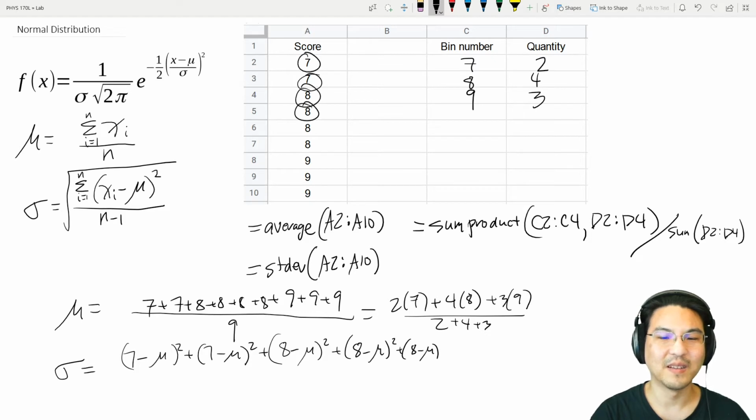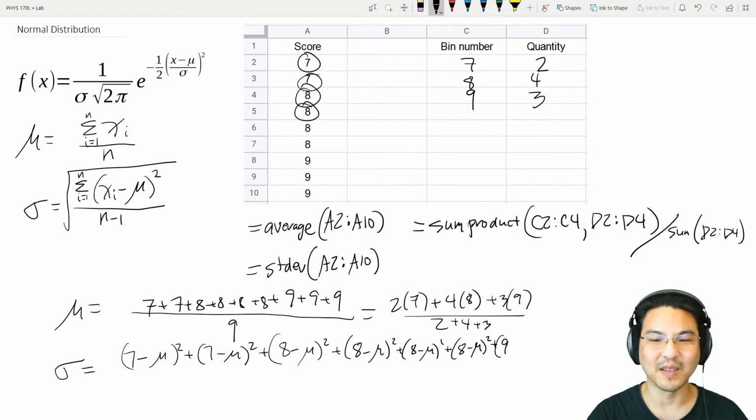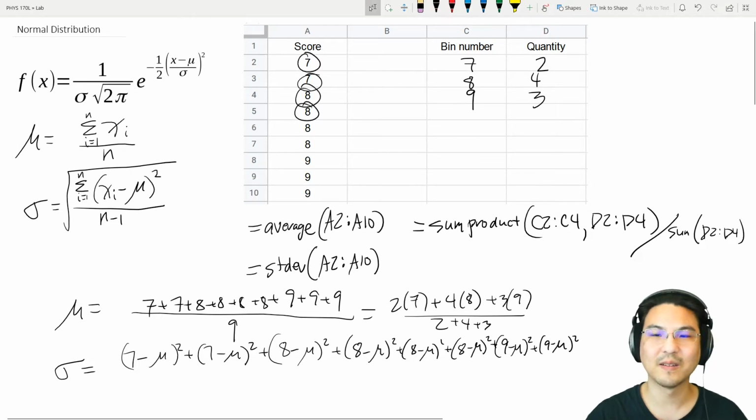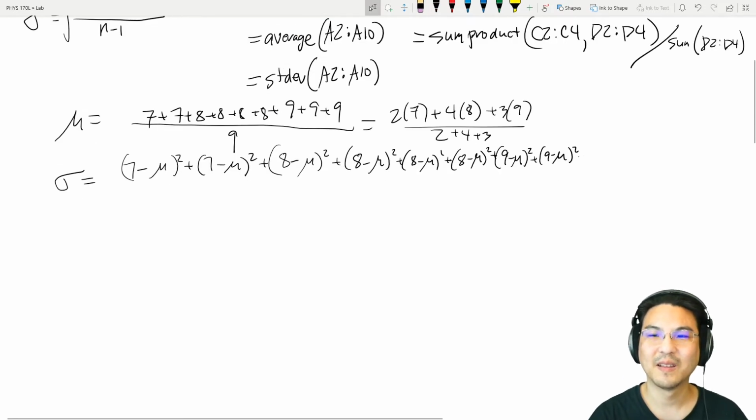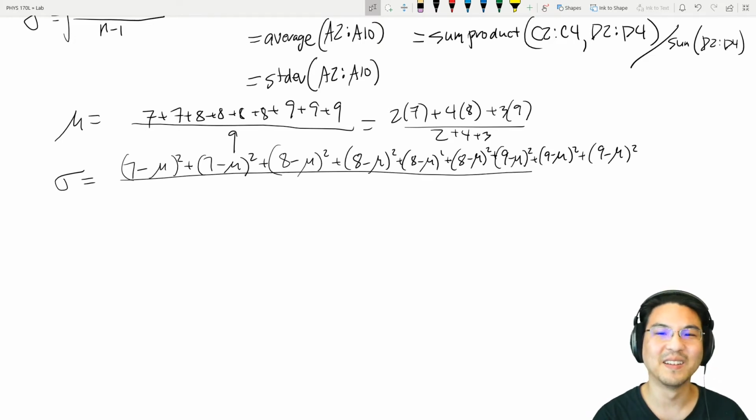It's tedious. And then 9 minus the mean squared, 9 minus the mean squared, etc. Divided by n minus 1, 9 minus 1, and then square root the whole thing. But what a terrible way to do it, right?